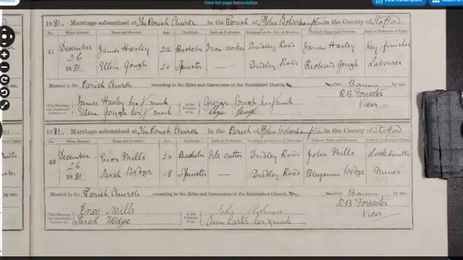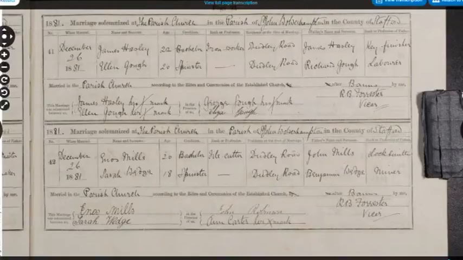There are probably a number of reasons. One is that there were no holidays in those days for men and women working in factories, so they had to rely on the religious holidays.